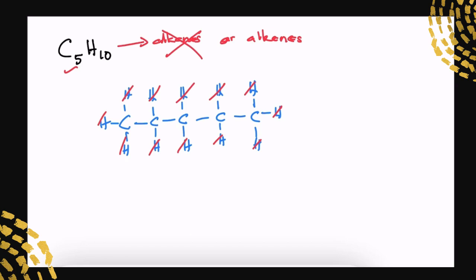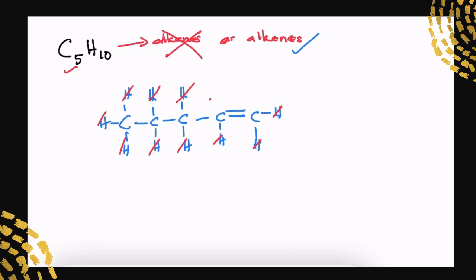So we can consider an alkene with the double bond. If we propose an alkene, I think the answer is correct because now we only have 10 hydrogen and 5 carbon. So the structure can be an alkene.